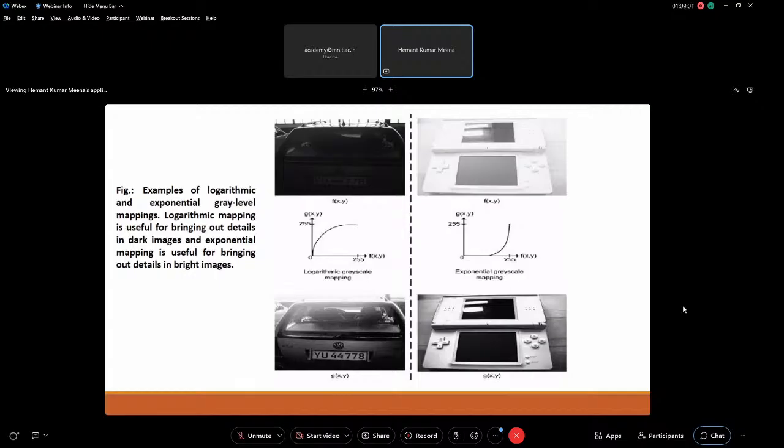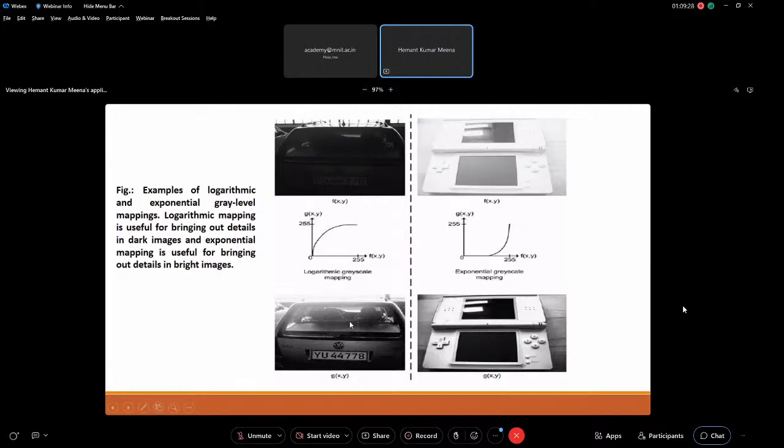In this figure, logarithmic mapping brings out the details in dark images. On the left-hand side, after the logarithmic mapping, the image is far clearer. It is far easier to capture the number plate and other information.